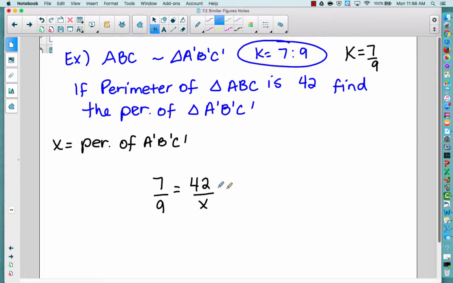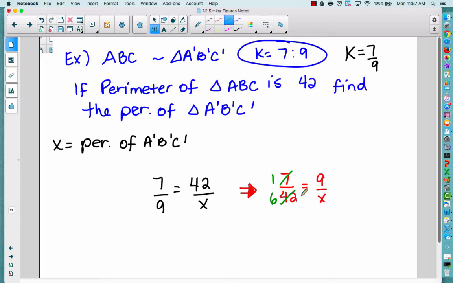Now yes, I could cross multiply, but I want us to try that technique we talked about in class. I'm going to use the properties of proportions because I see the 7 and 42 and I know that they are factors of each other. So one of the properties of proportions allows me to write this slightly different. So I'm going to do 7/42 equals 9/x. I'm going to simplify 7 into 42 to 1/6.